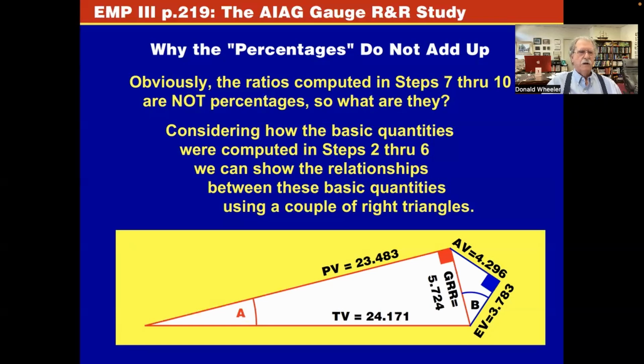Considering how the basic quantities were computed in steps 2 through 6, we can show the relationships between these basic quantities using a couple of right triangles.